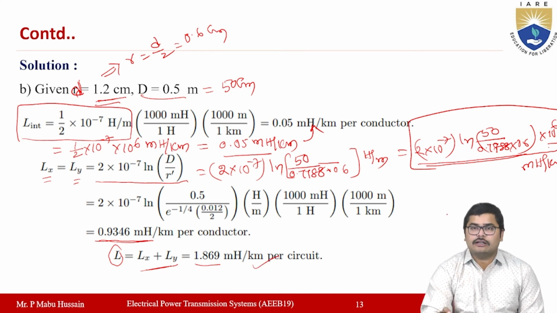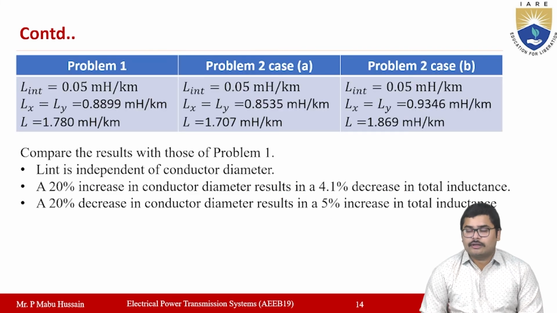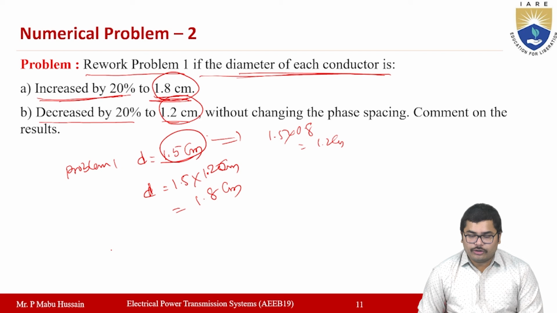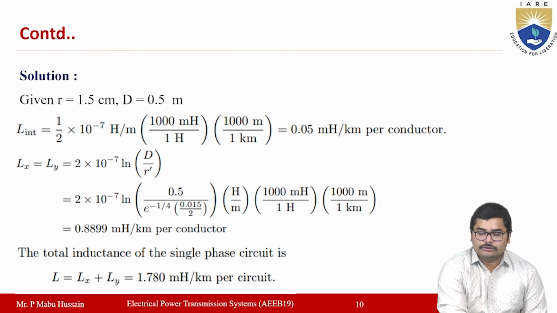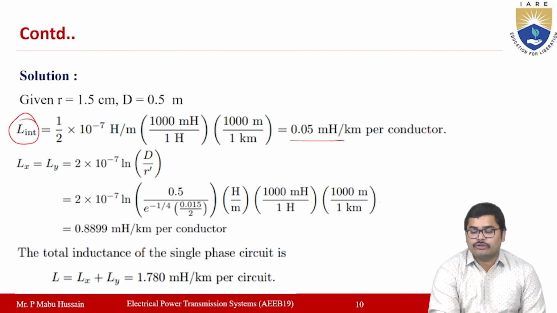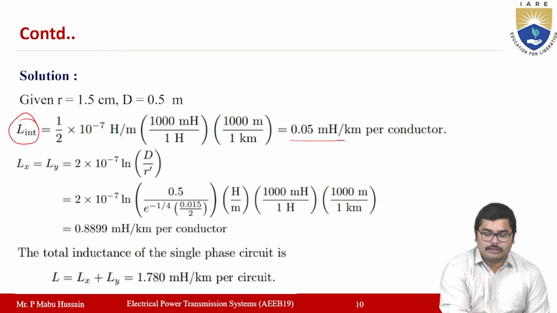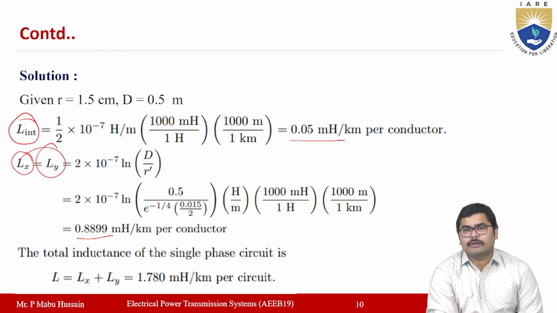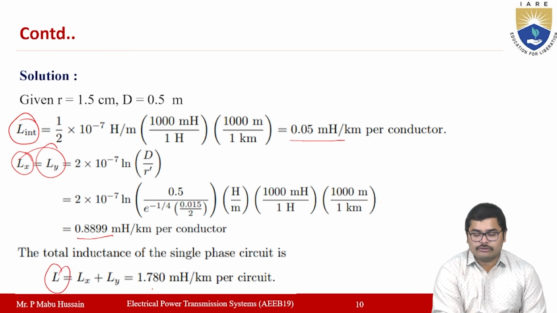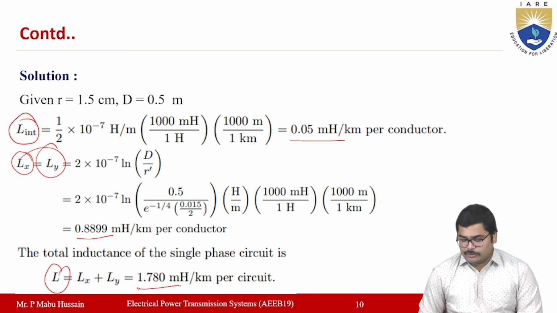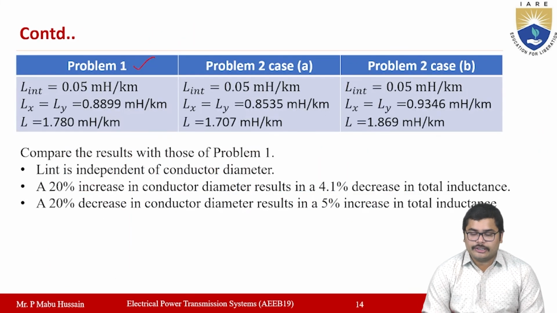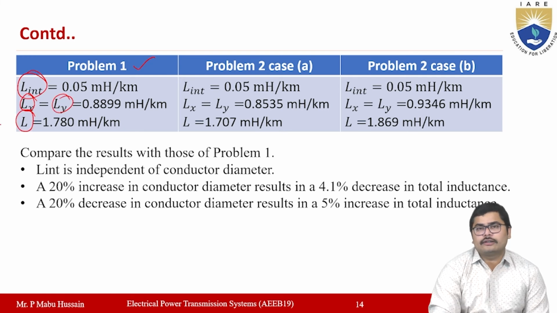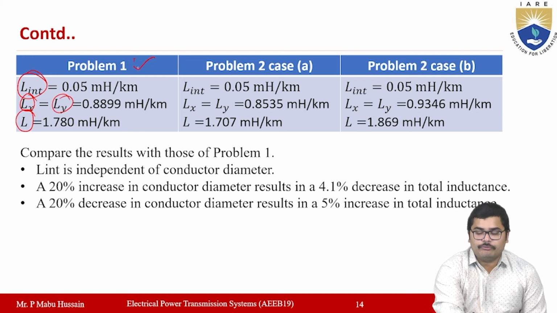Now if you consider all the three cases, in problem 1, the internal inductance is 0.05 millihenries per kilometer, the inductance of each conductor is 0.8899 millihenries per kilometer, and the total inductance is 1.780 millihenries per kilometer. Those values we are writing here: L internal, Lx and Ly values, and total inductance L in problem 1.